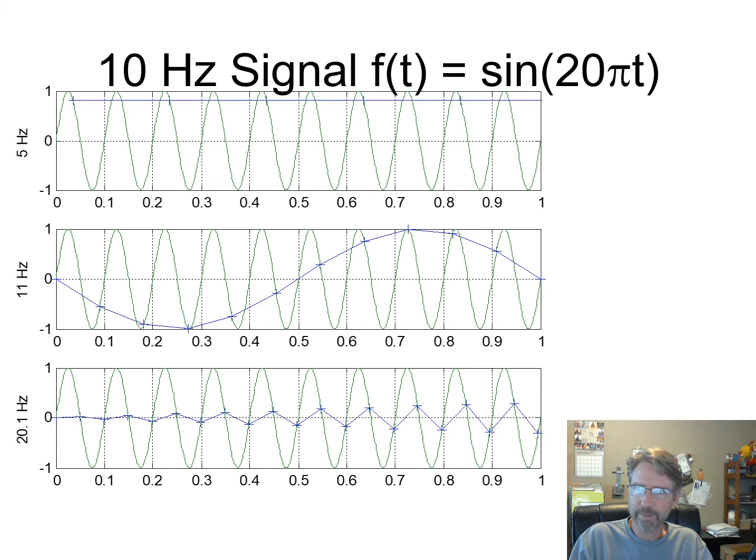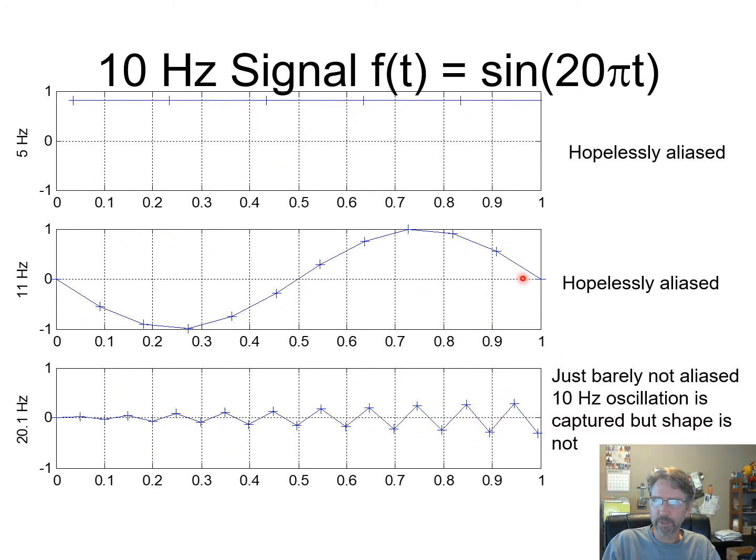So if we connect the sampled values with lines, you can see that if we sample at 5 hertz, it doesn't match at all. At 11 hertz, it actually looks really believable. It's a sine wave, but it's a 1 hertz sine wave and not a 10 hertz sine wave. And at 20.1 hertz, this is what we get.